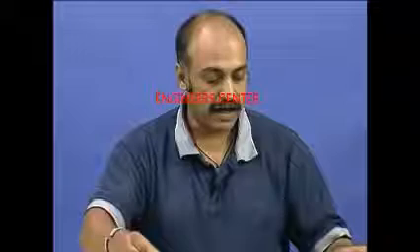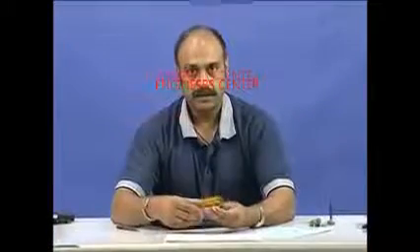Another high wattage resistor, which is actually of similar size compared to the 25 watt resistor that you saw just now, is something like this, which has a heat sink also.